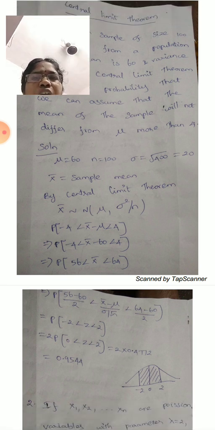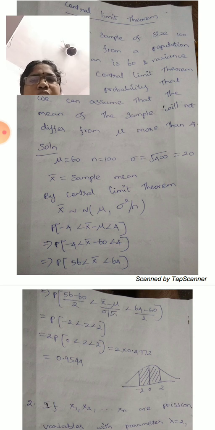Here we have to find that the mean will not differ from mu by more than 4, therefore we find the probability of minus 4 less than x bar minus mu less than 4. That equals the probability of minus 4 less than x bar minus 60 less than 4.